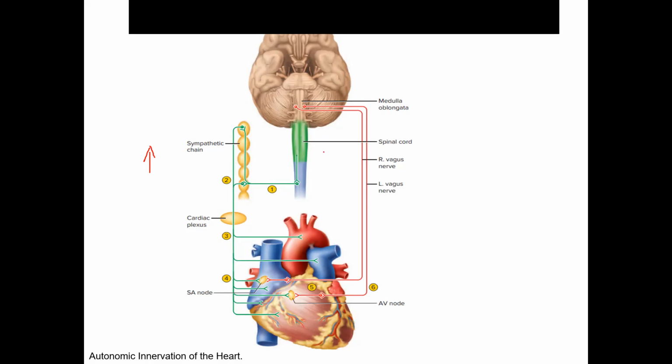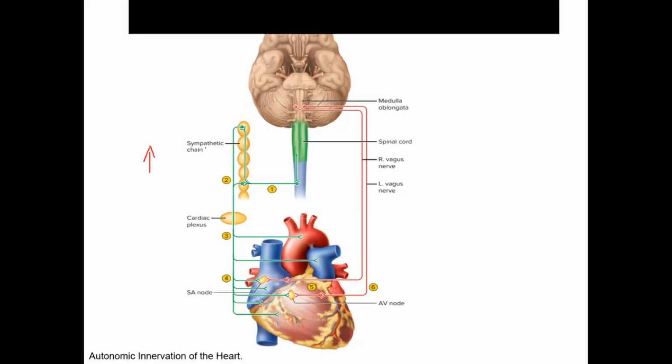For example, when we need to run fast, or when we are anxious, signals from the brain tell the heart to increase our heart beating.